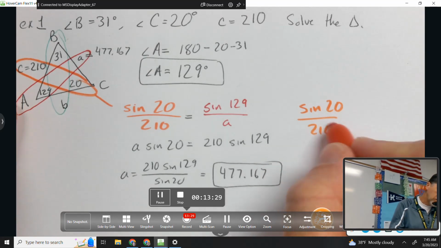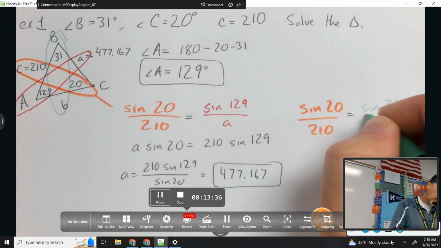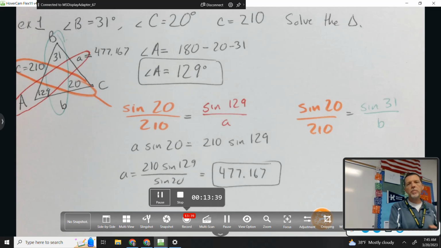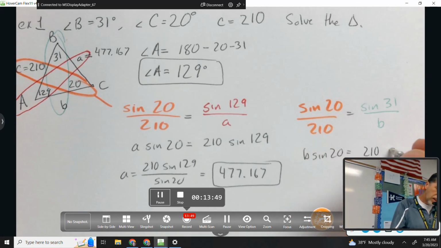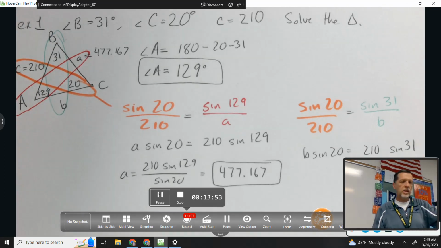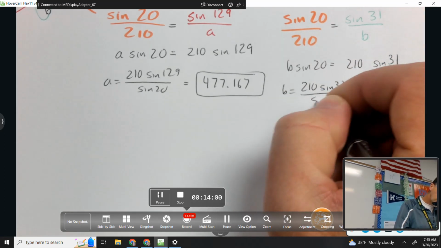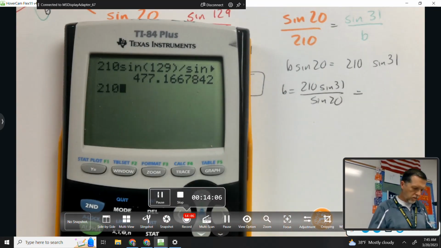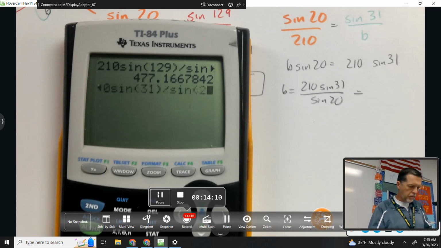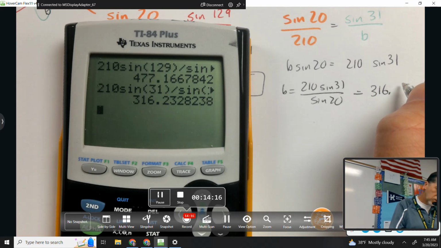Sine 20 over 210 equals sine 31 over B. Again, cross multiply, and again, divide. Sine 31 divided by sine 20, 316.233.